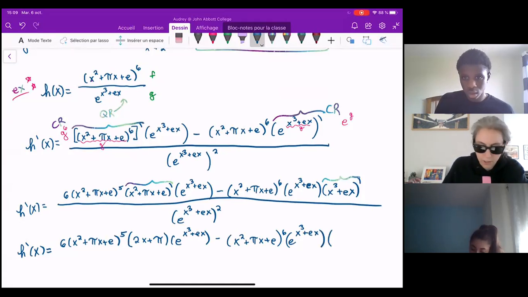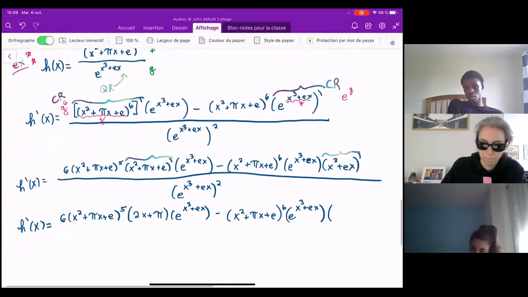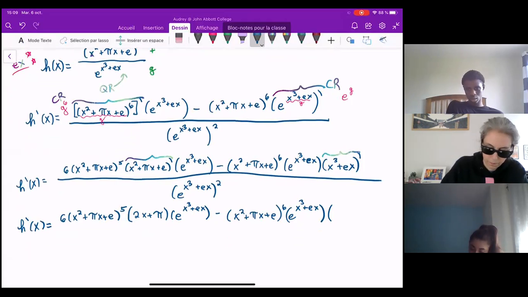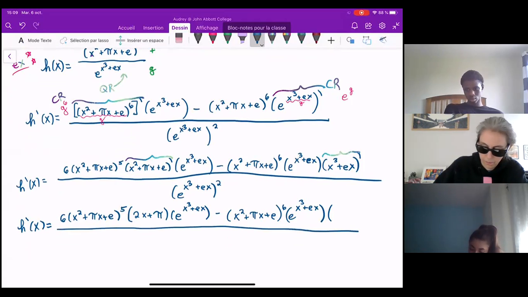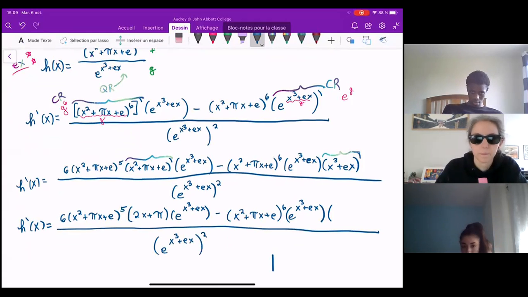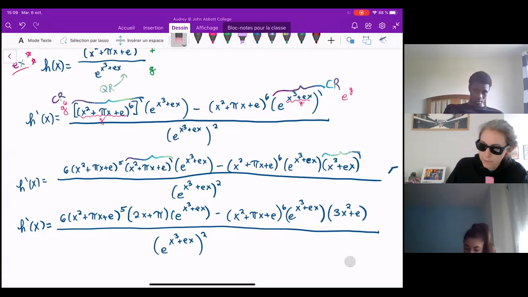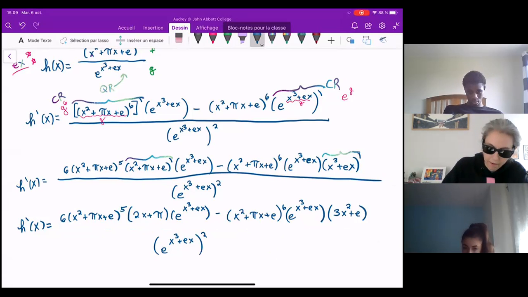What's the derivative of x cubed plus ex? You got it, 3x squared plus e. Good job, guys. And so now I don't have any primes left. Oops, that is my final answer.